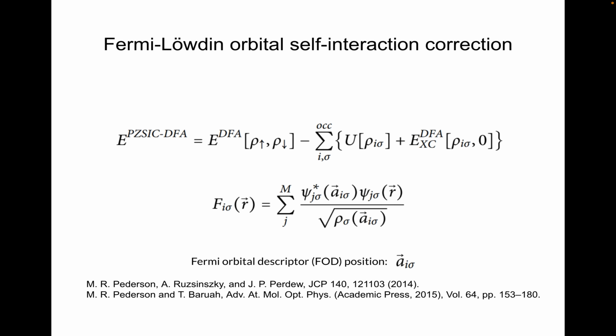And that resulting orbital will be used with this PZ-SIC equation. Now, the Fermi-Löwdin orbital is always a local orbital. So the size extensivity and the invariance of the total energy is guaranteed.